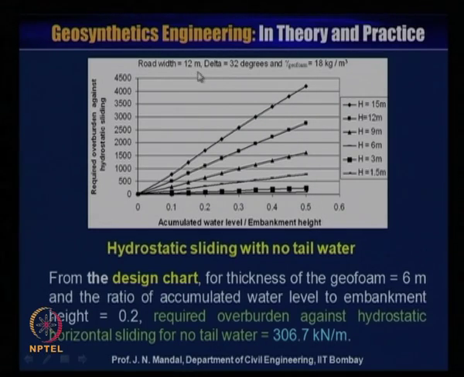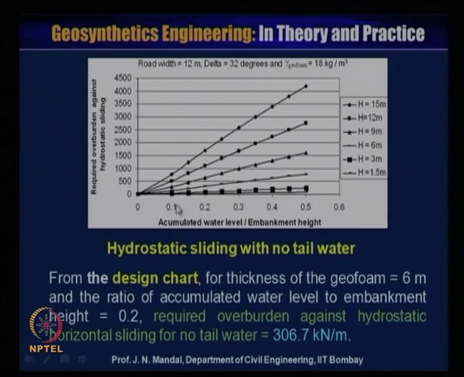This is road width considering 12 meter, delta value is 32 degree, and the unit weight of geofoam is 18 kg per meter cube, that is the density of the geofoam, and the height of the embankment is 1.5 meter, 3 meter, 6 meter, 9 meter, 12 meter and 15 meter. So you can calculate what will be the required overburden against this hydrostatic horizontal sliding for no tailwater.